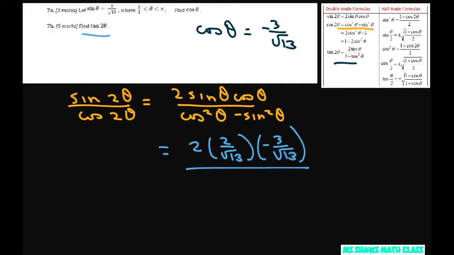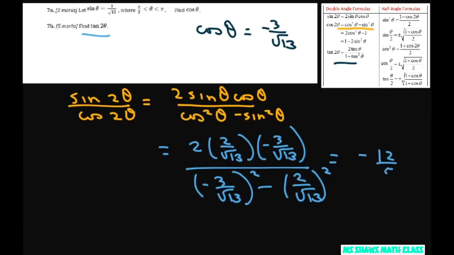And then for the denominator, you're going to square the negative 3 square root of 13, subtract your 2 square root of 13 squared. And that's going to give you negative 12 divided by 5.